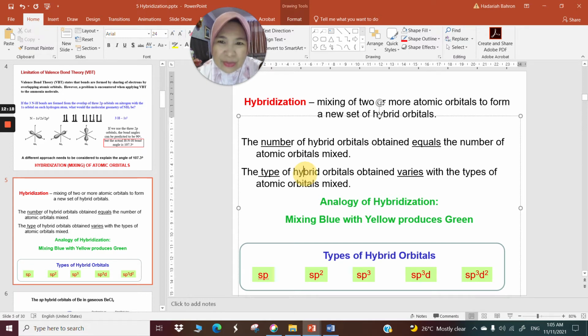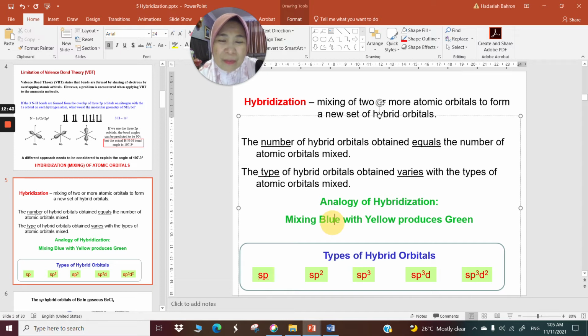Now the second rule is that the type of hybrid orbitals that you will obtain varies with the type of orbitals being mixed. Obviously, when you mix different atomic orbitals, you're going to get different hybrid orbitals. So the analogy of hybridization is when you mix blue with yellow, you're going to get green.